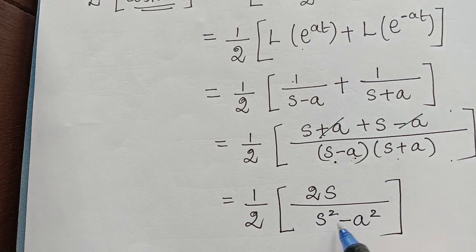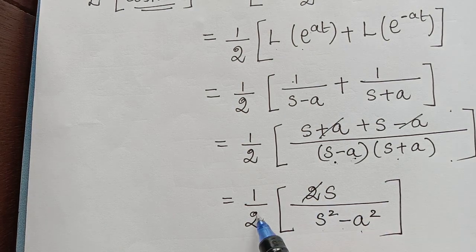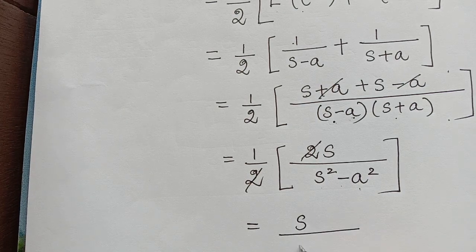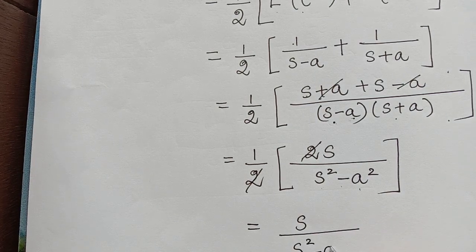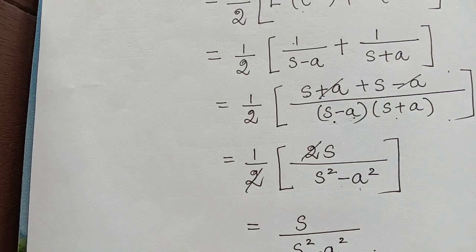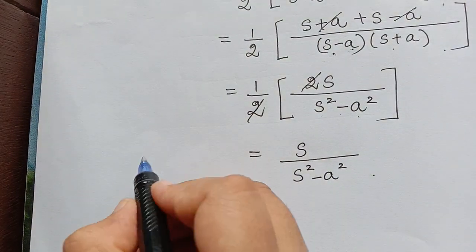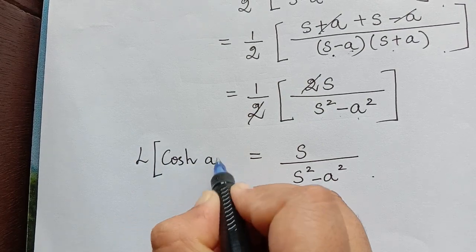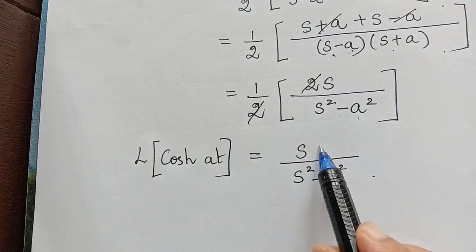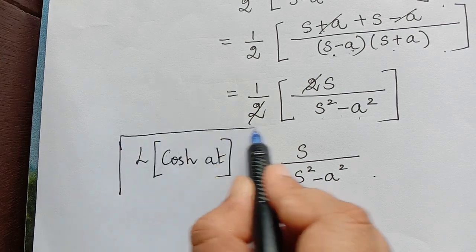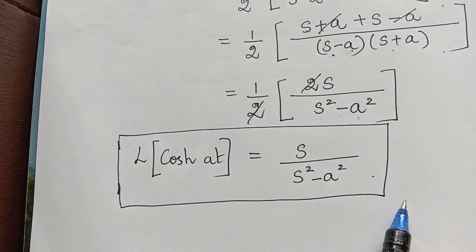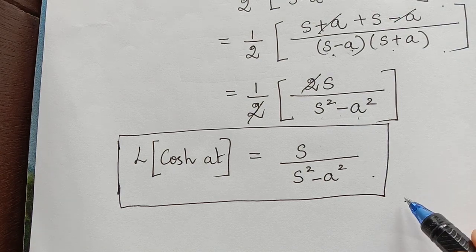So by using that algebraic formula, we can replace it by s squared minus a squared, and this 2 gets cancelled, and finally we obtain this to be equal to s divided by s squared minus a square. And so therefore we have obtained Laplace transform of cosh at to be equal to s divided by s squared minus a square. So this is the solution. So therefore we have obtained the result 4.